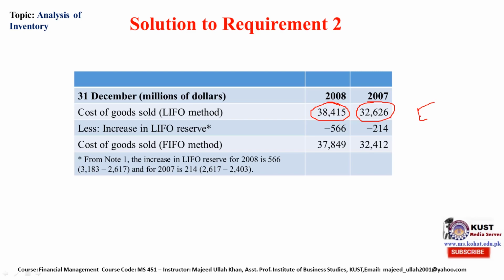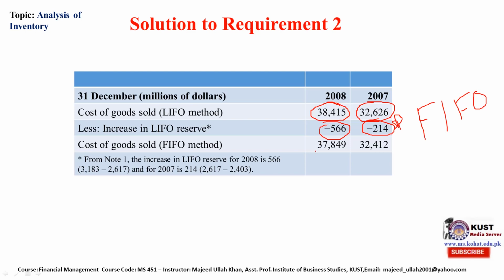If we are using the FIFO method, the inventory increases by that much, 214. So we will deduct it from the cost of goods sold, because this amount will be retained in inventory. And from 2007 to 2008, the inventory amount increased by this amount, so we will deduct it from cost of goods sold, and it will be included in the inventory.